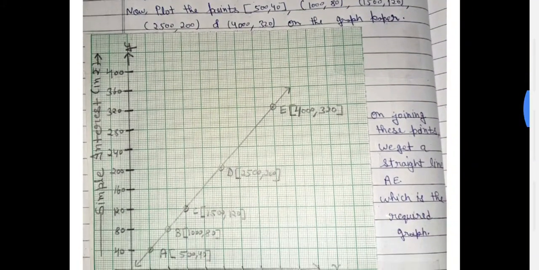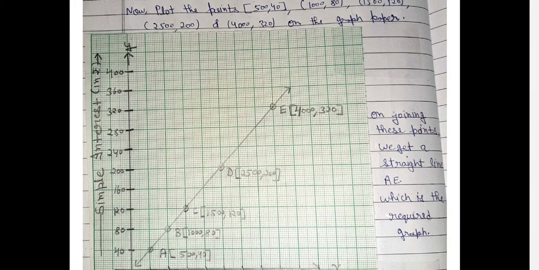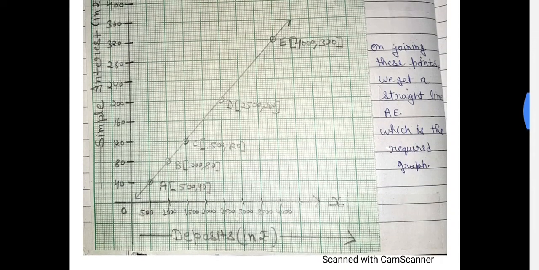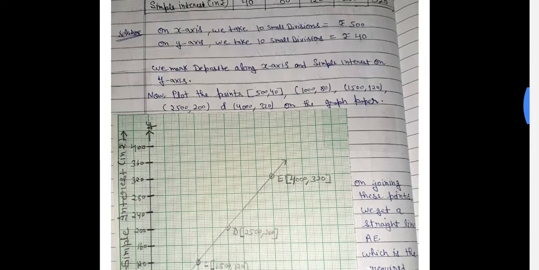Now the second thing: the x-axis represents deposit, so you have to write deposit below and make an arrow, and the y-axis represents simple interest, so write simple interest and make an arrow here. If I zoom in more, this is simple interest, and you write it with an arrow. So this represents deposit, and this represents simple interest. Now what is your first point? The first point is 500 comma 40.